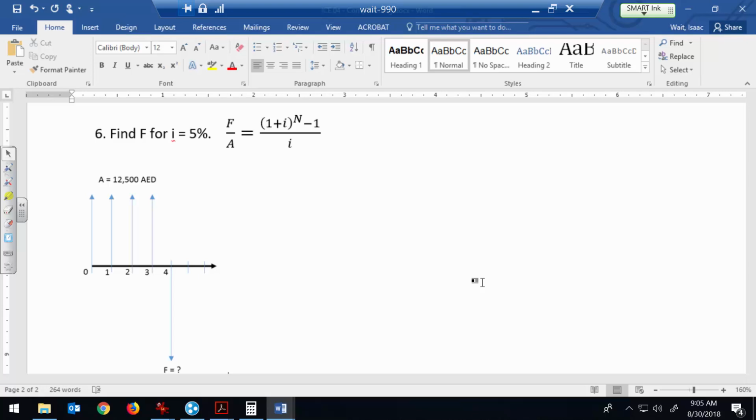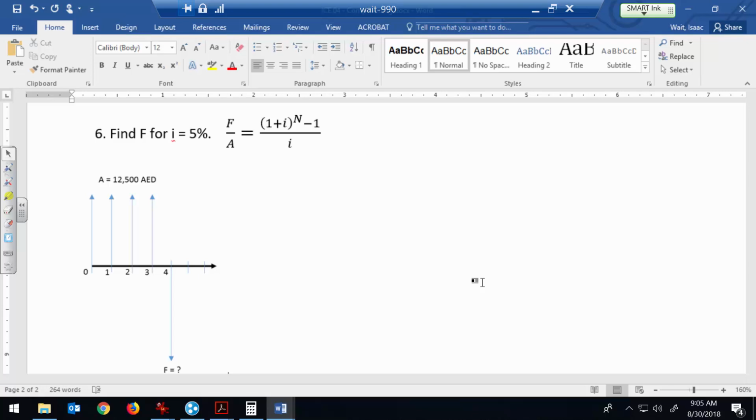When you do an F/A conversion, it moves all of these amounts to the last year that there was an annual series. You wish that it would move it all the way to year 4, but that's not how an F/A conversion works. It moves however many you've got. In our case, there are 1, 2, 3, 4 annual payments, so n equals 4.